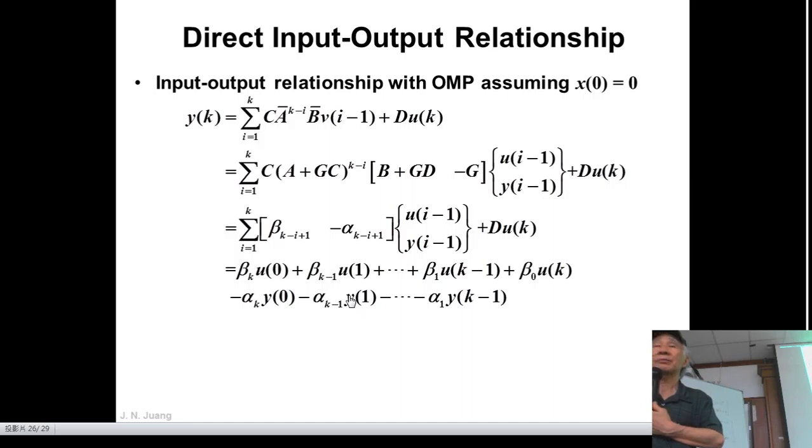The advantage here is you are not dealing with any state, so you don't do any state estimation. What does that mean? Yk will depend on the past input and past output. We call it the past weighted input and weighted output, like a stock.